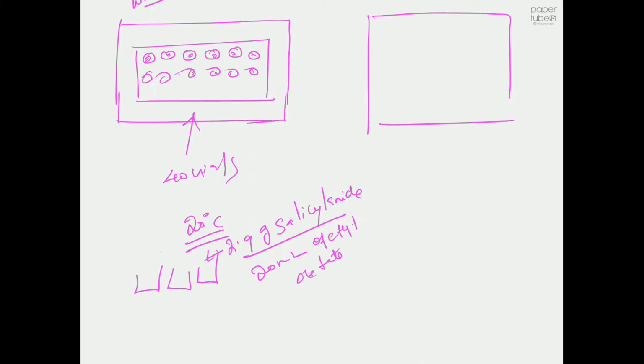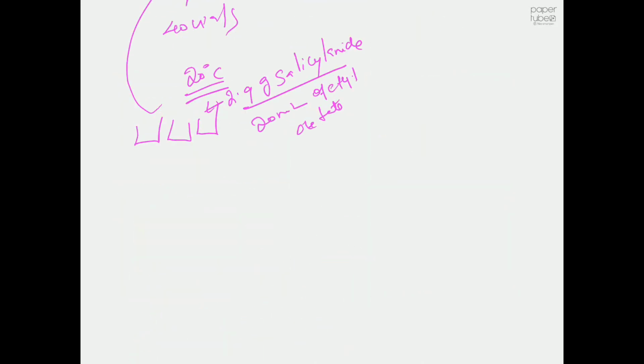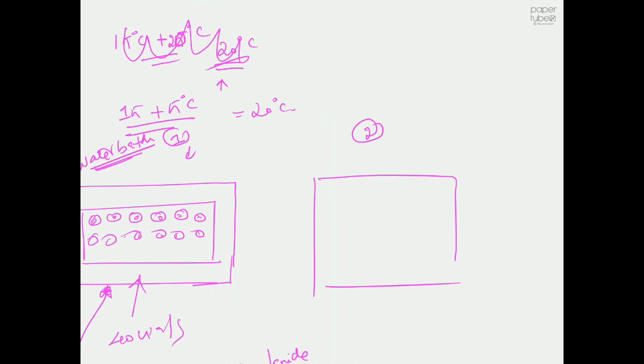We close the vial and put it in the first water bath, which is maintained at 20 degrees centigrade. Let's call it a heating water bath. So this is water bath 1. And then we wait for, say, 1 hour. In this 1 hour, everything will be dissolved at 20 degrees centigrade.